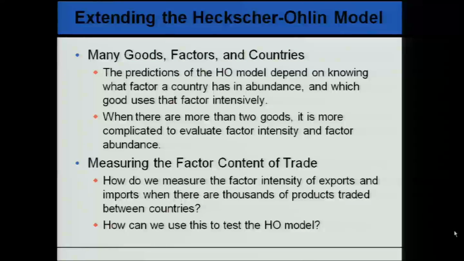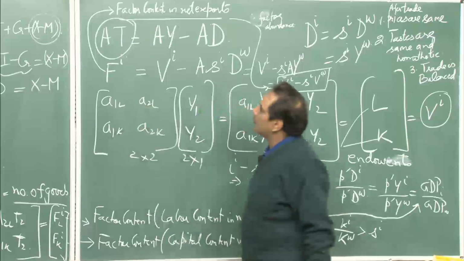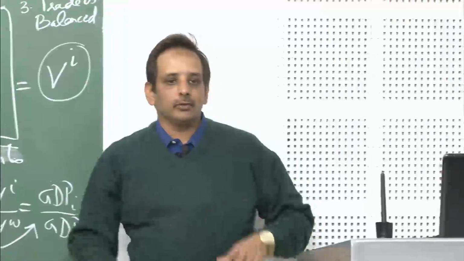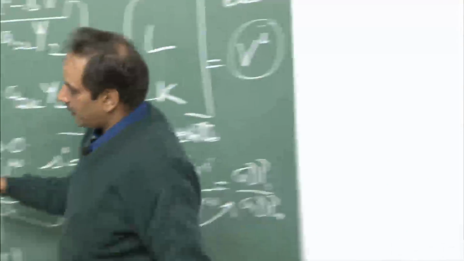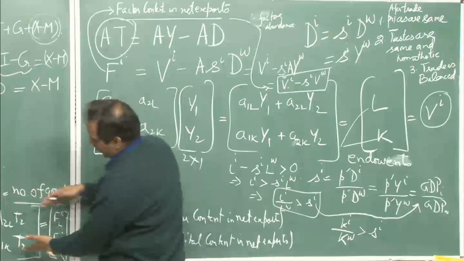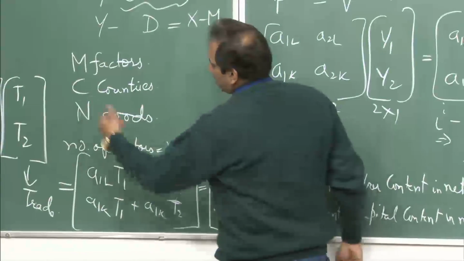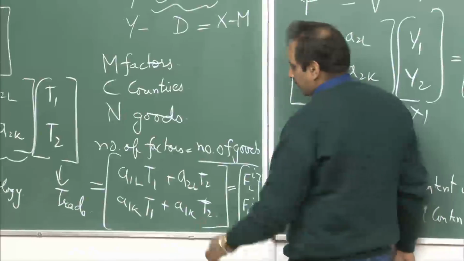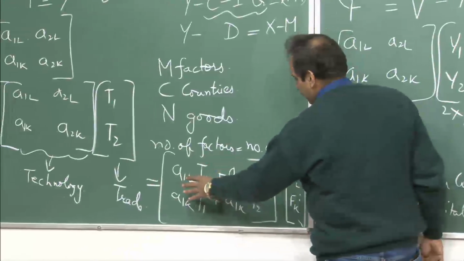So, then how do we measure the factor content of trade? Factor content of trade is A into T, which will give you the total labor and capital required to produce the entire exports and entire imports. And if you work it out, it will be this A matrix, the primary factor matrix, also called the technology matrix.